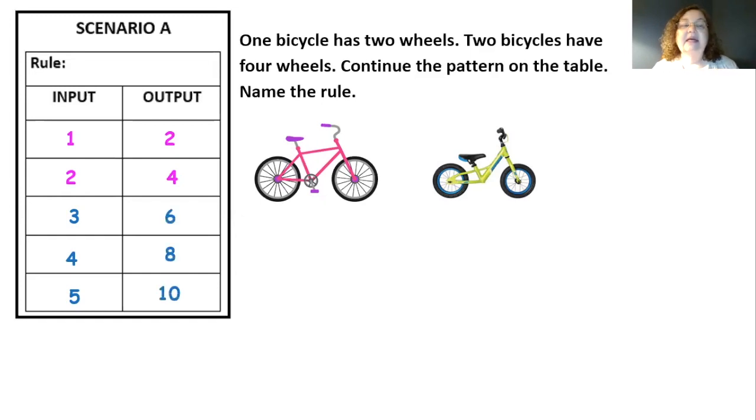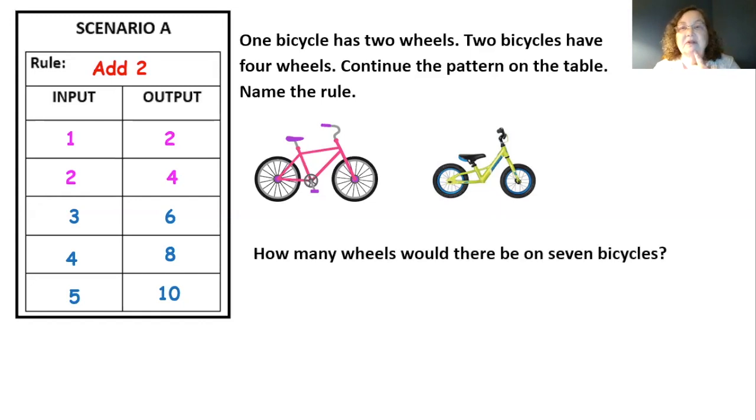Right. 4 would have 8 wheels, and 5 would have 10 wheels. So now what is the rule? What am I doing over and over and over on this? I'm adding 2, right? So every time I did this, I had to add 2 more to it.